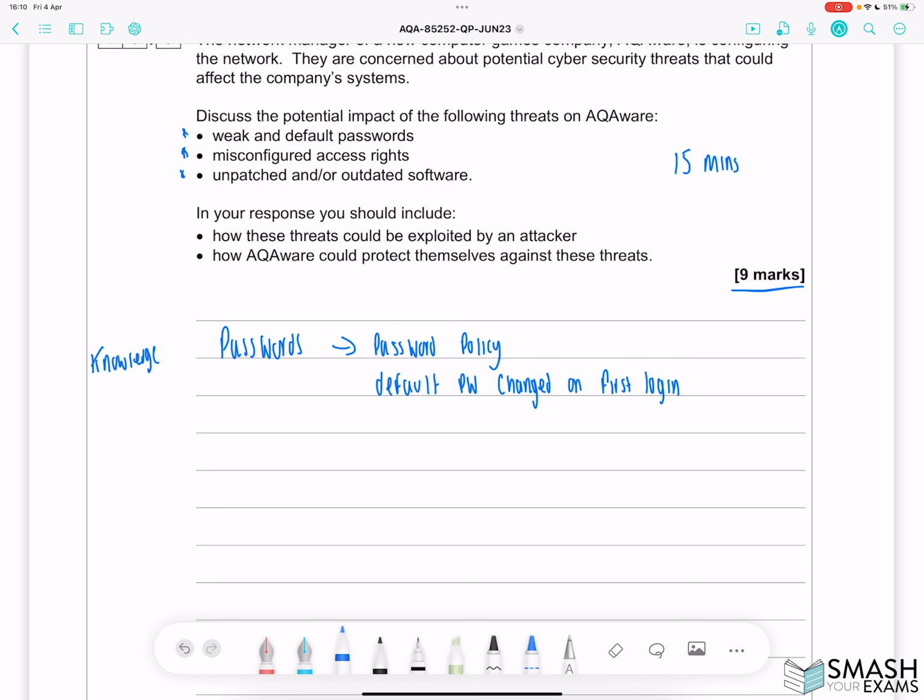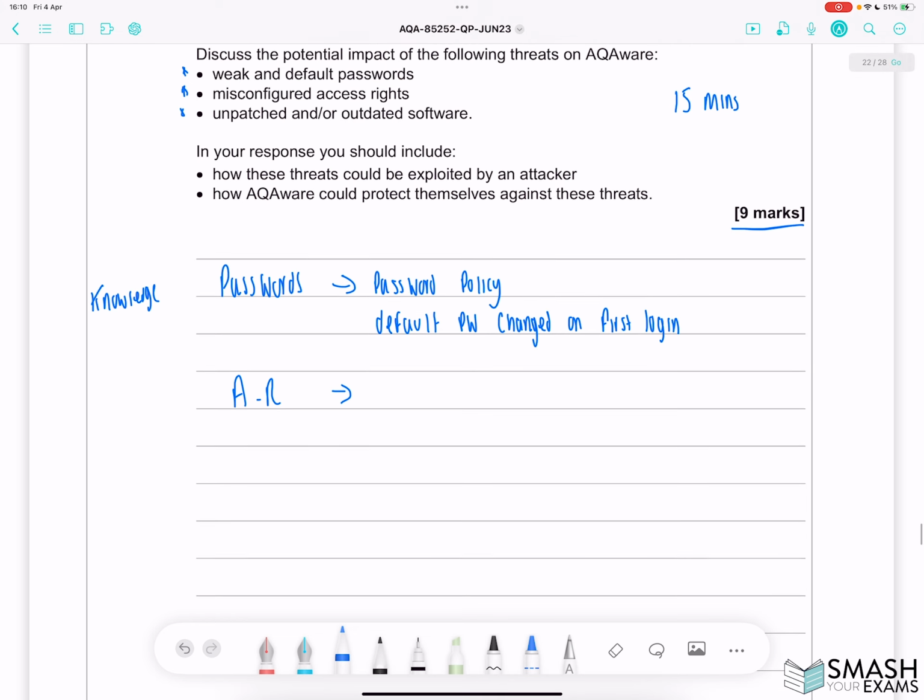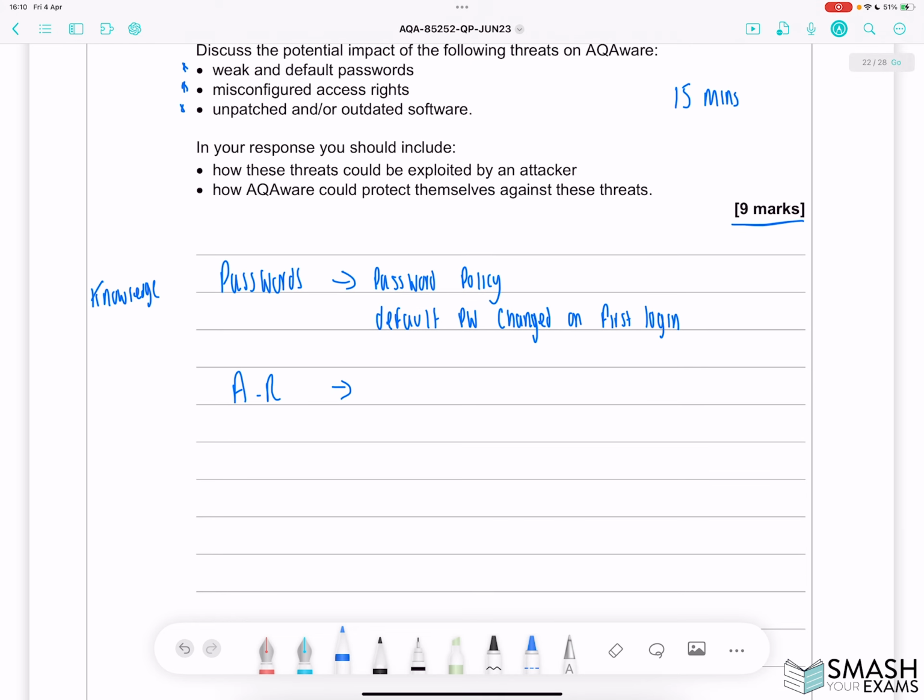So access rights. I'll just put AR for short, access rights. I'm planning out my answer here. So access rights, how can we deal with misconfigured access rights? Well, one thing we would have to do is be able to sort that out very quickly. So we would have to have some kind of application of who gets assigned which access rights at which time.